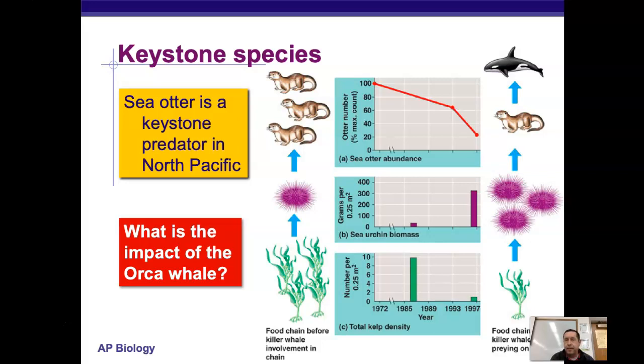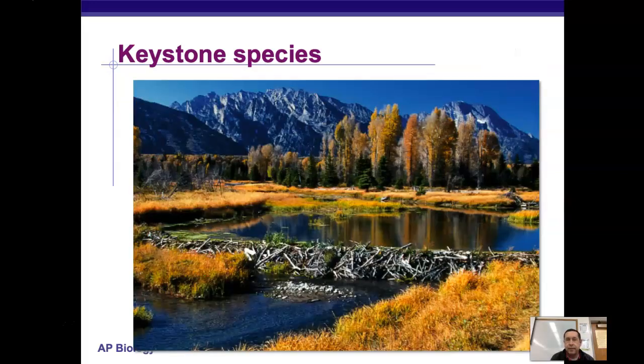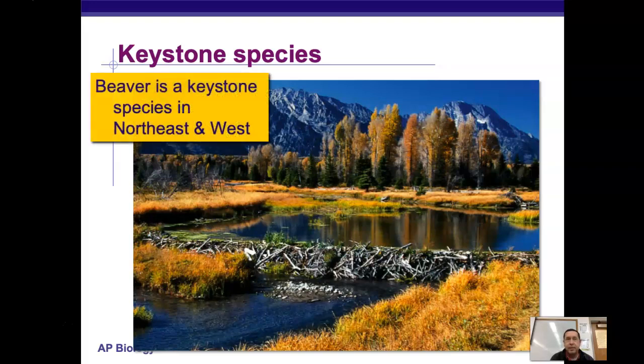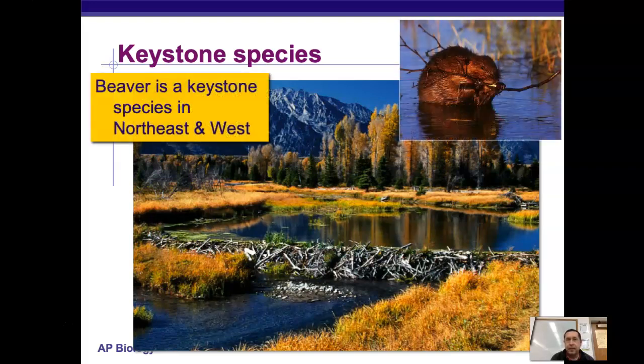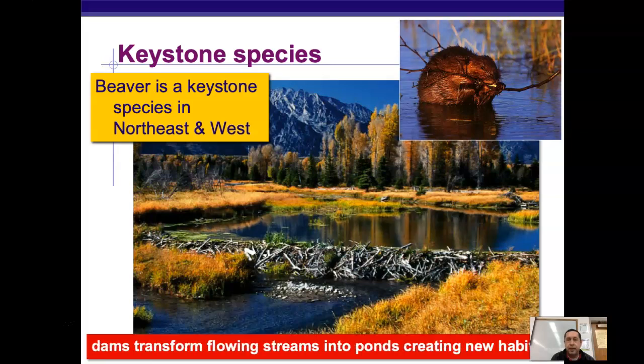So you can see the kelp diversity increases when there's lots of beavers. Beavers are another keystone species in the northeast and the west. They build the dams and they create ponds, creating new habitats along the river.